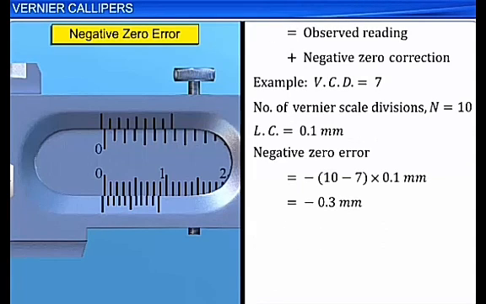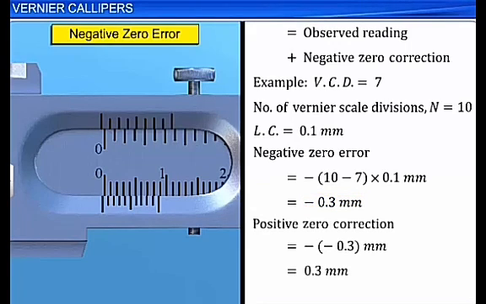The negative zero error is equal to minus of 10 minus 7 into 0.1 millimeter, which is equal to minus 0.3 millimeter. Then, the positive zero correction is equal to minus of minus 0.3 millimeter, which is equal to 0.3 millimeter.